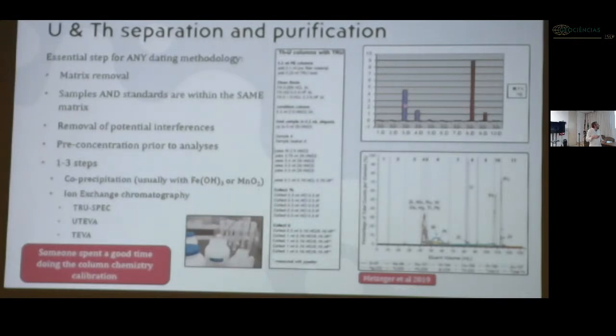Basically, you need to know exactly when uranium is coming out from the ion chromatography columns, and when the thorium is being eluted, and when other potential interfering elements are being separated. So there's a fair bit of work to getting all these prepared.